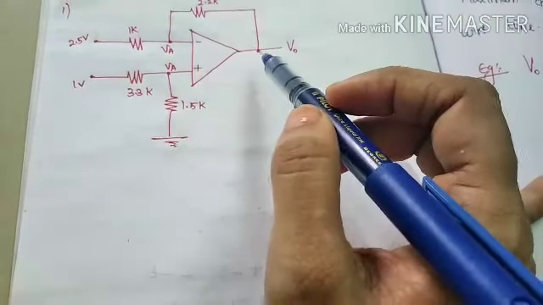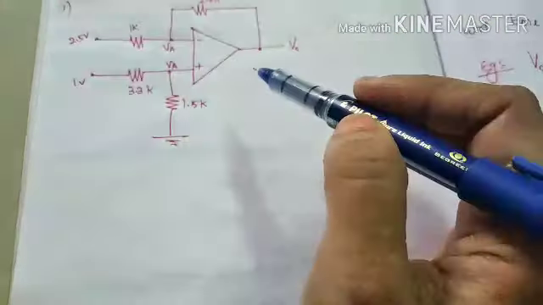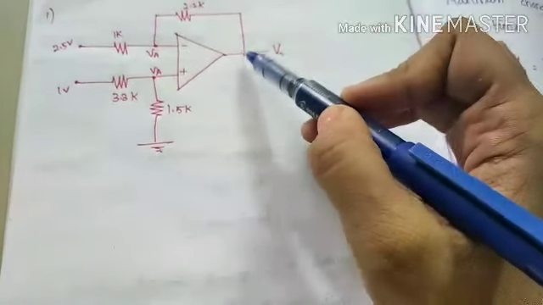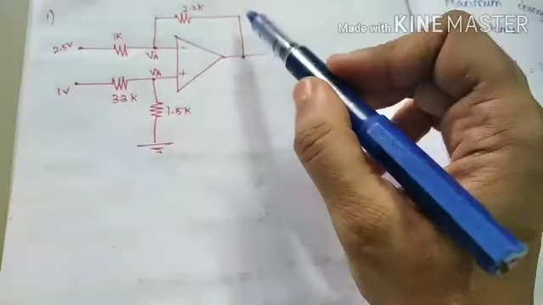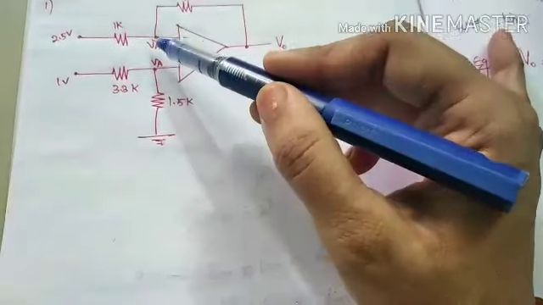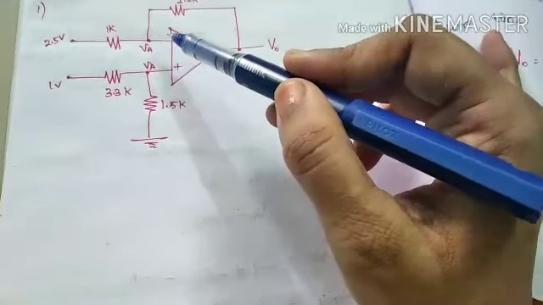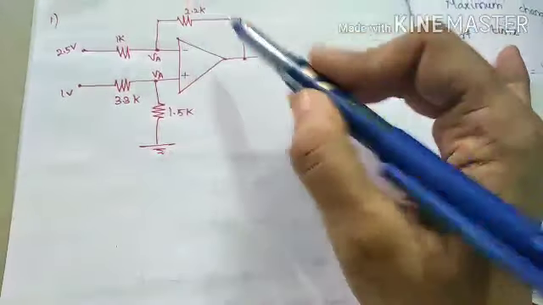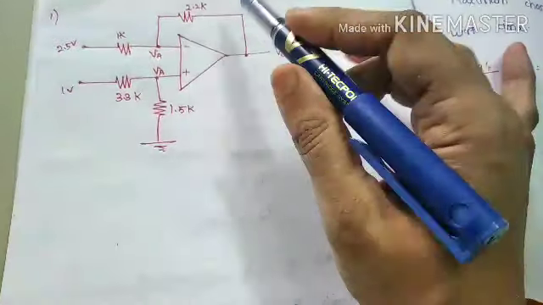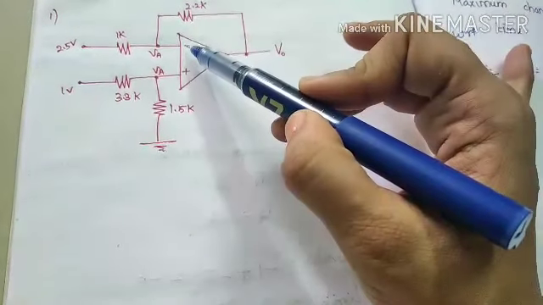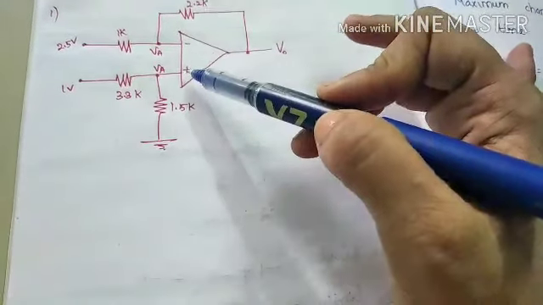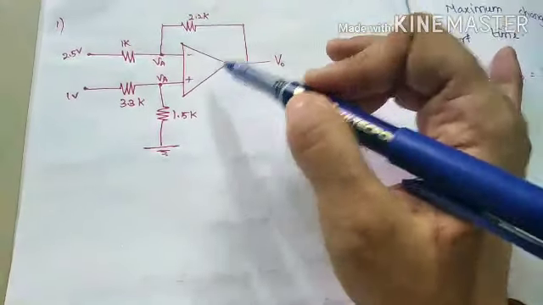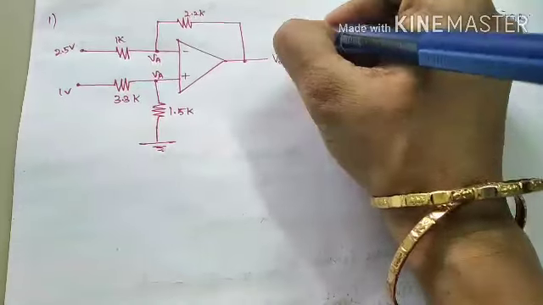How can you find out whether this feedback is positive or negative? Generally, what is meant by feedback? Some amount of output has to be fed back to the input again. Here, the output is fed back to the inverting terminal, so this type of feedback is said to be negative feedback.